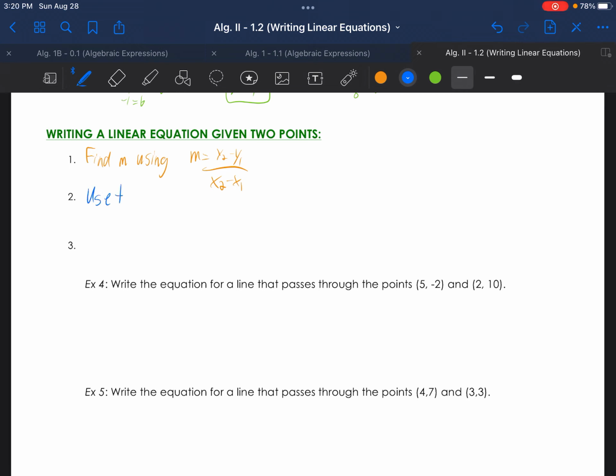Then we're going to use a slope and 1 point, and I'm emphasizing that on purpose, to solve for b using y equals mx plus b.